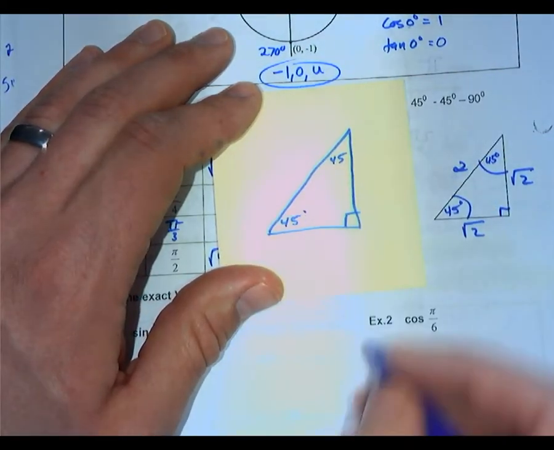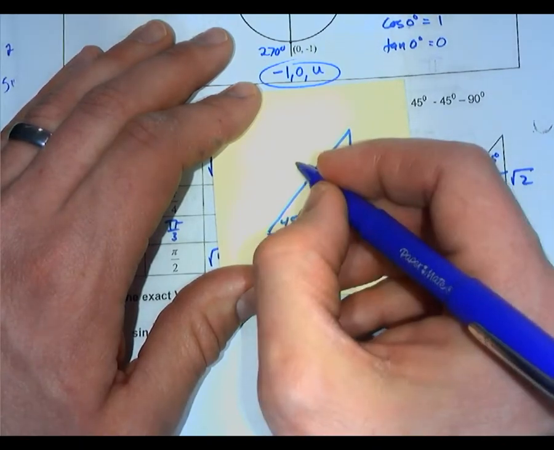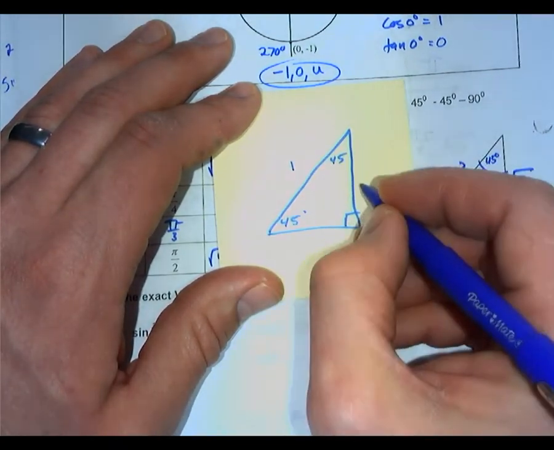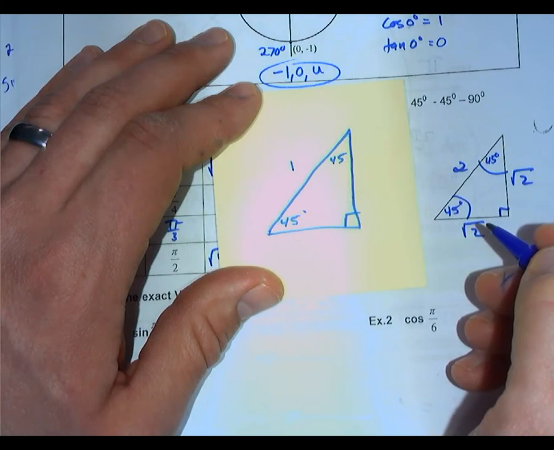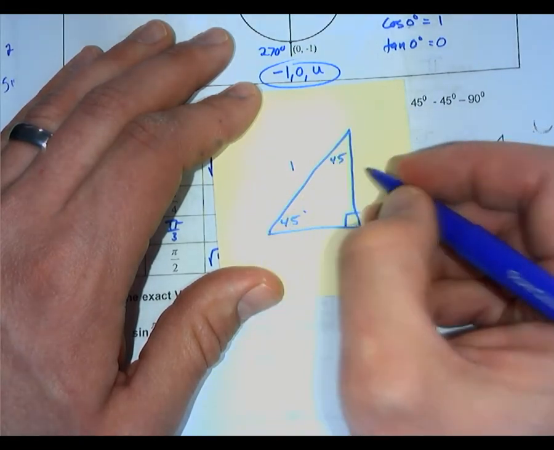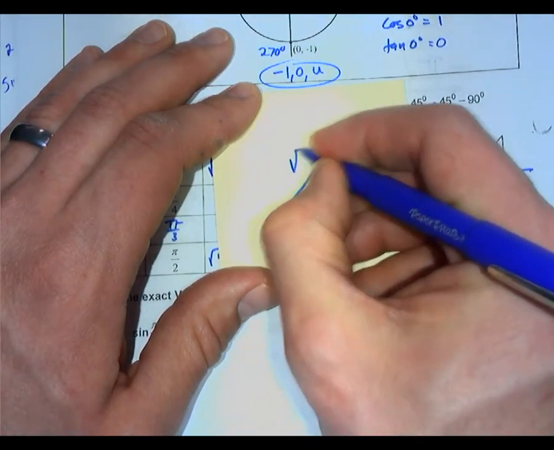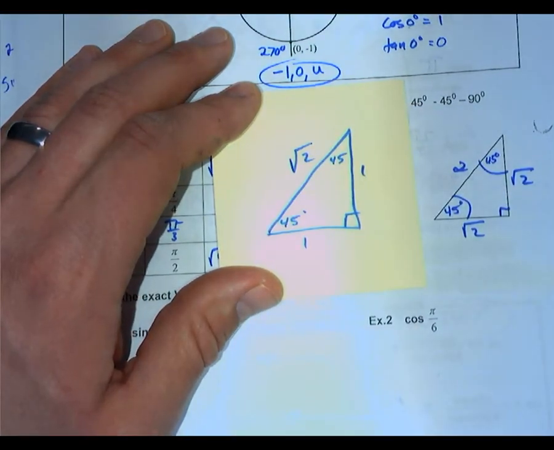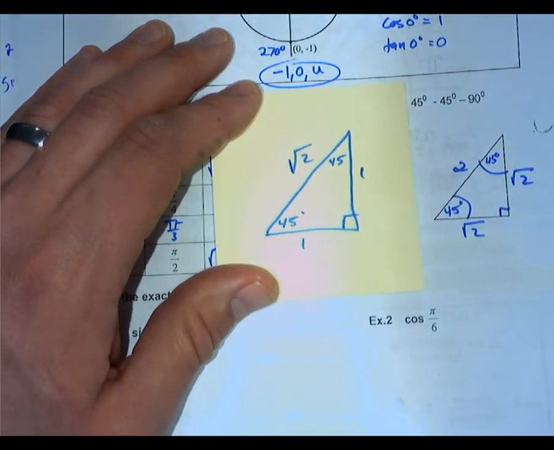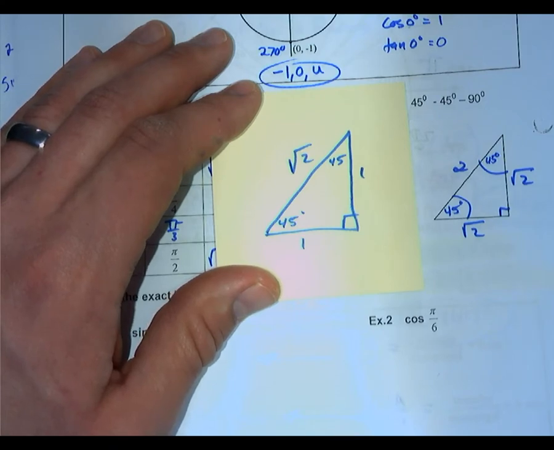And what they'll say is that this guy's 1, and this is root 2, sorry. So that guy's 1, 1, and root 2. Okay, well, you can do that.